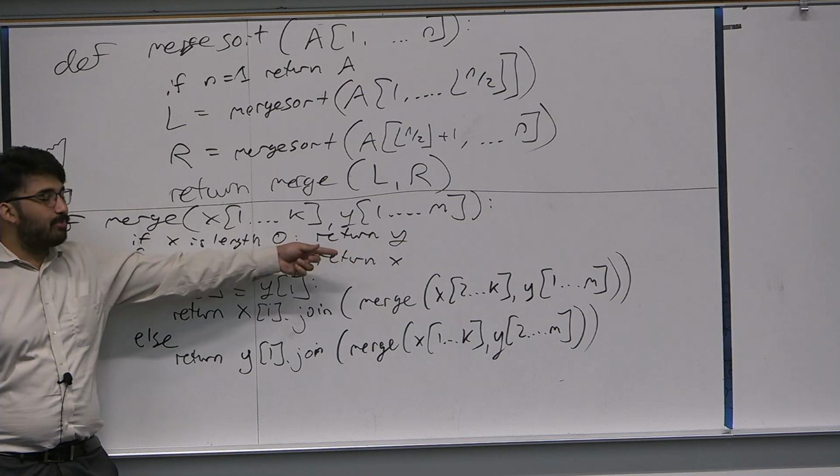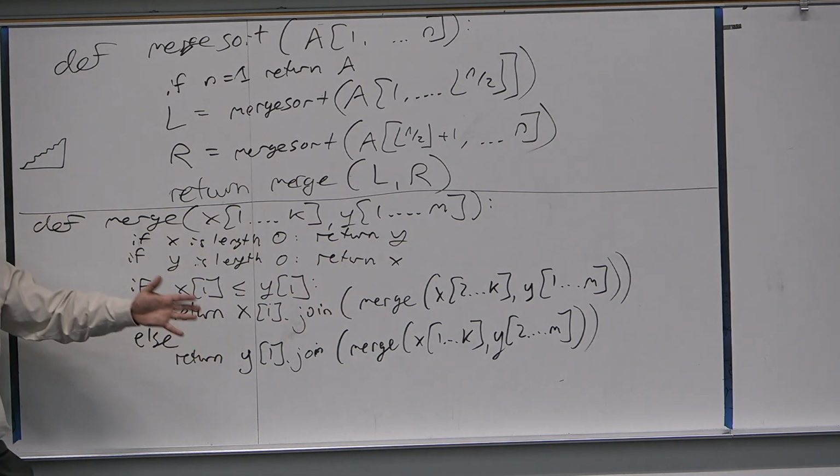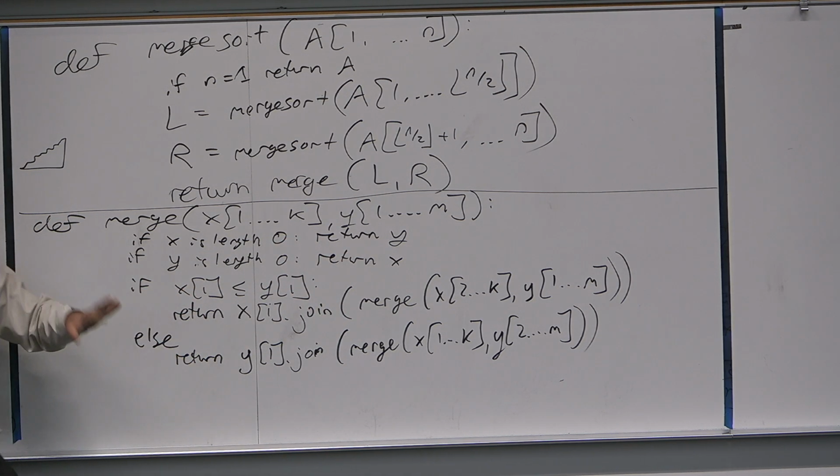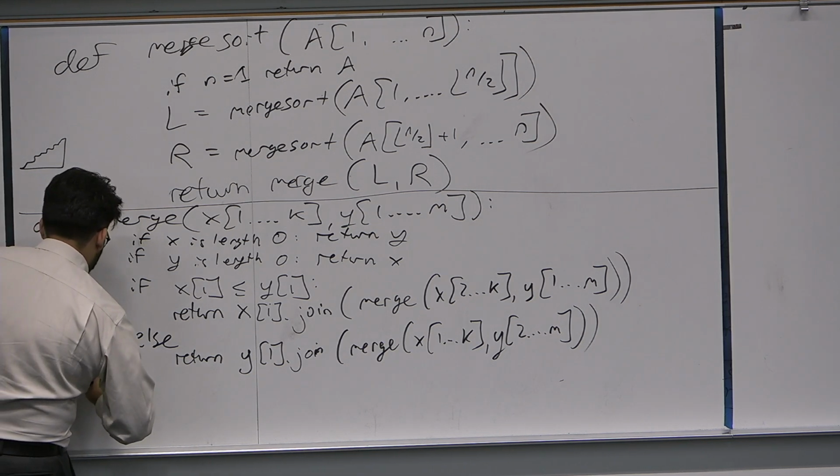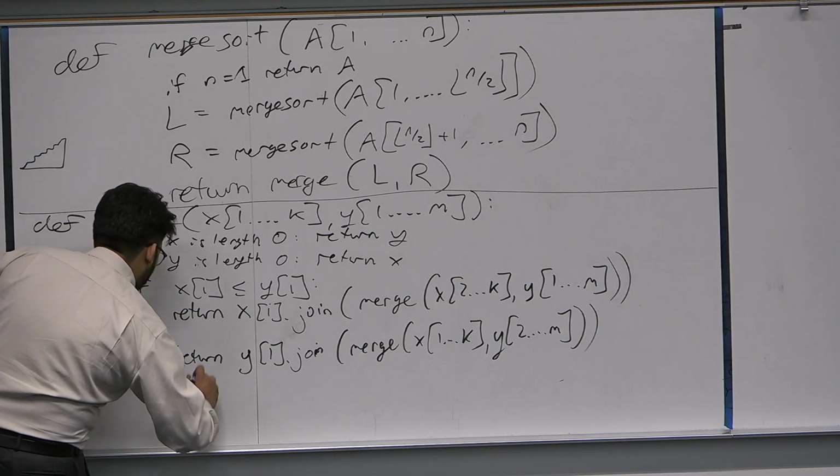Yeah, if we assume k plus m is n, if there are n elements split between these two arrays in some fashion, each recursive call we choose one element each time. So there are at most n recursive calls. How much work are we doing at each recursive call? Yeah. So in fact, it's something like T(n) = T(n-1) + O(1).